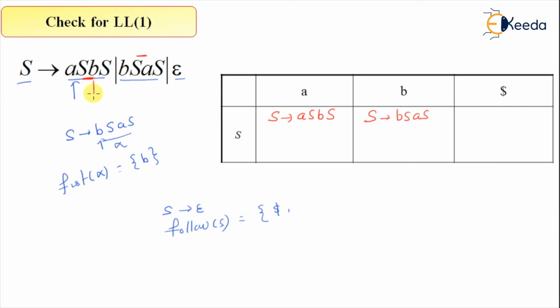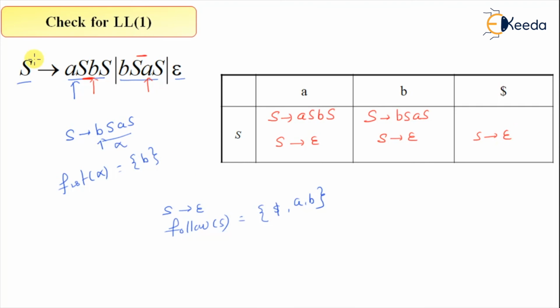S is present here followed by b, and S is present here followed by a. So follow of S is dollar for being the start symbol, then a or b. So we'll put S derives epsilon in the a column, S derives epsilon in the b column, and S derives epsilon in the dollar column.